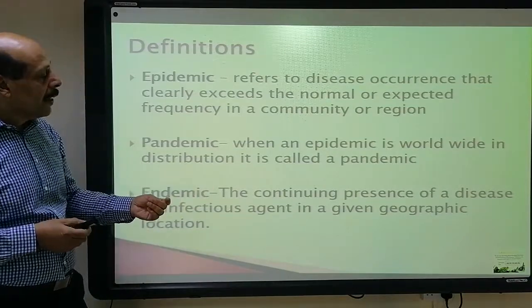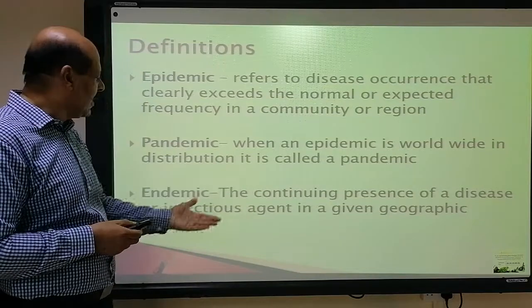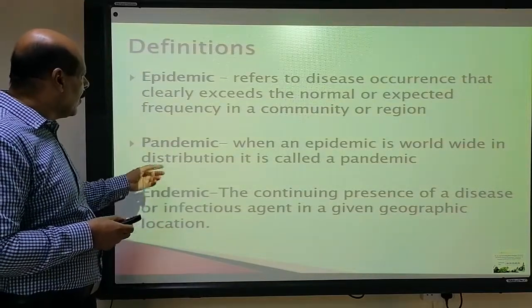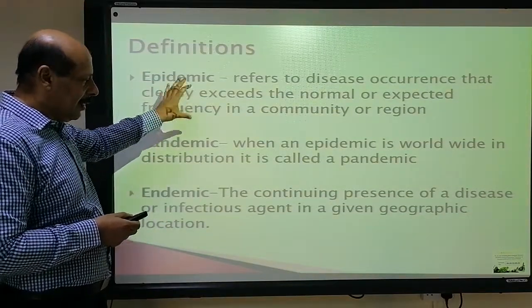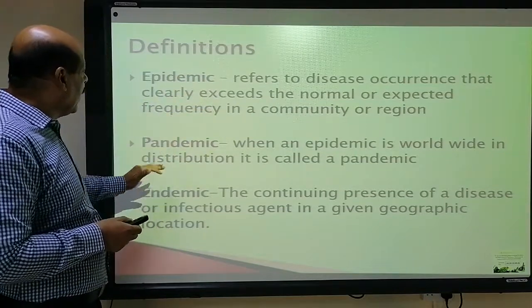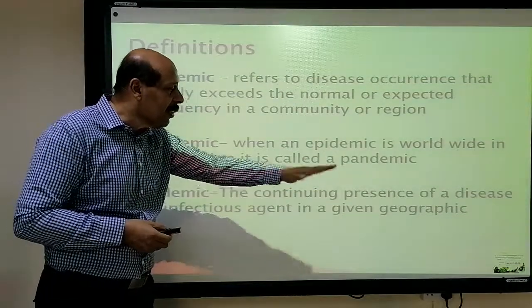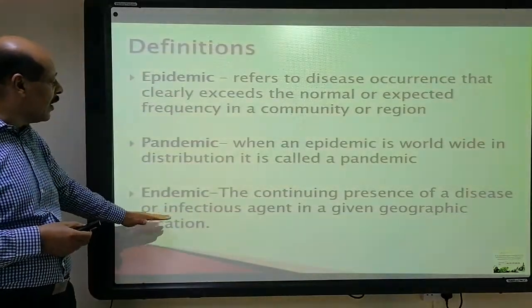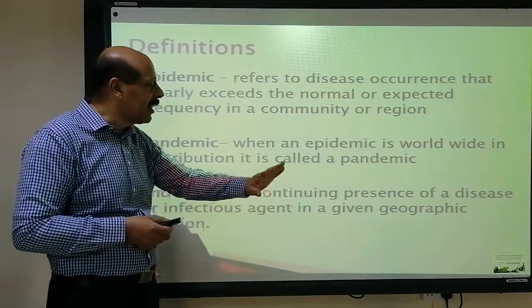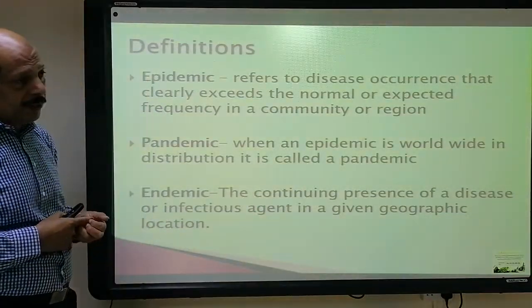Endemic: the continuous presence of a disease. So epidemic is present in a certain community or location. Endemic is the continuous presence of that disease or infectious agent in a given geographical location.